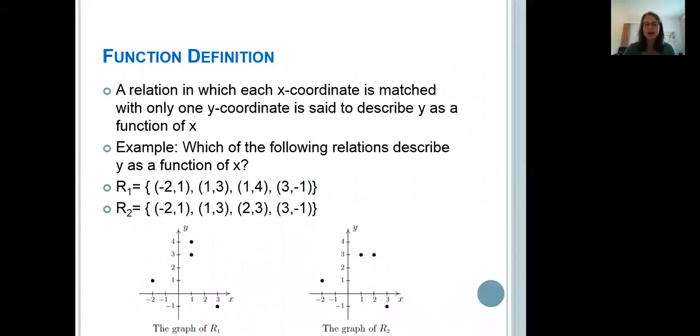Now, we talked about relations in the last video, and relations are just how one quantity relates to another quantity. When we're doing mathematics, we'll talk about it with pictures because our human brains like pictures. All functions are relations. Not all relations are functions.